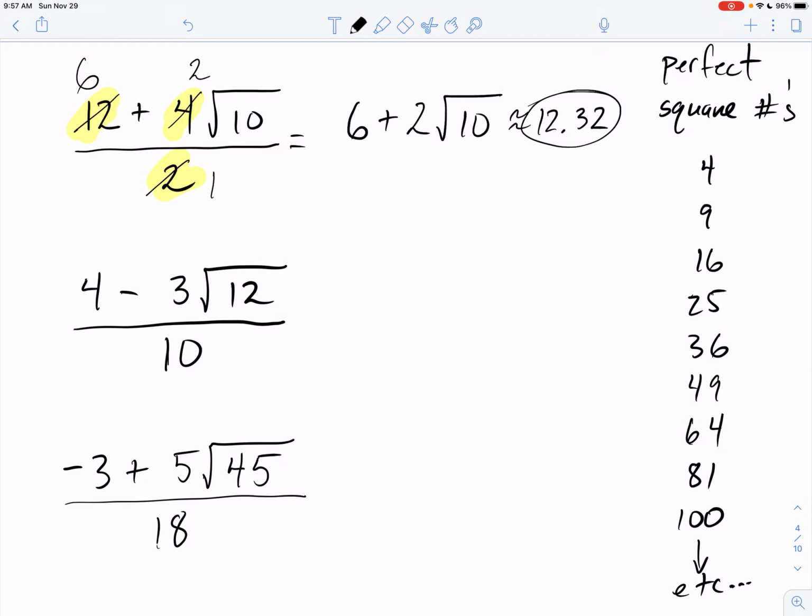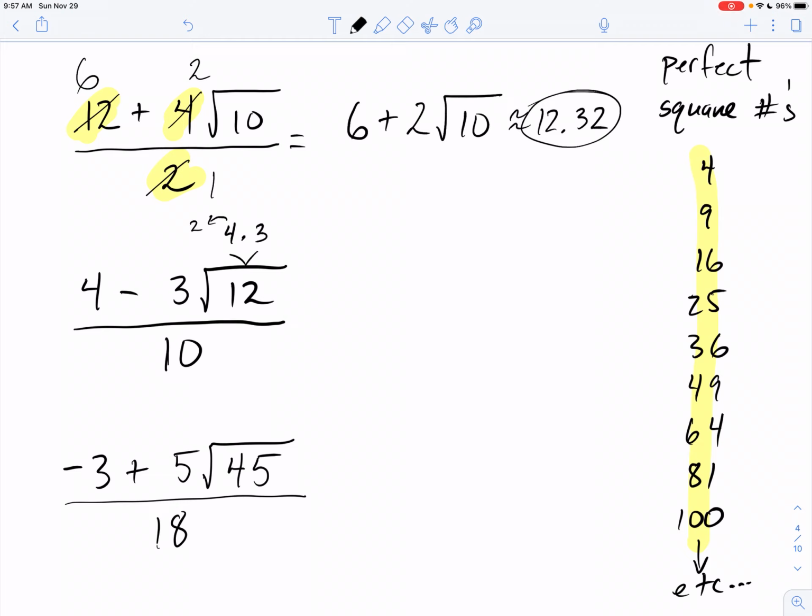Let's play. Does this simplify? Yes, it does. 4 times 3. I always have to choose numbers that are from this list to simplify. But I've got one. Now I'm going to pull out a 2. Now wait a minute, there's a number out front already.